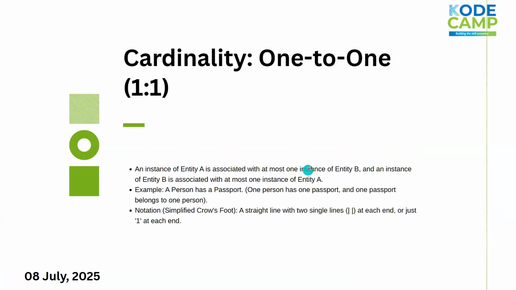This means one instance of entity A is associated with at most one instance of entity B, or one instance of entity B is associated with at most one instance of entity A.